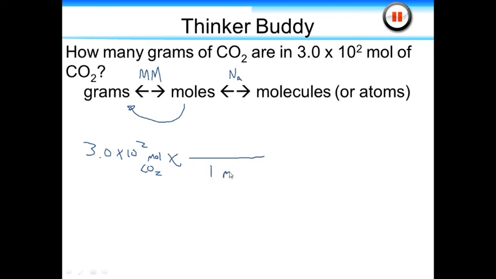We know for every 1 mole of CO2, we have about 44 grams, which we calculated in the previous problem. Moles of CO2 cancel. We're left with grams of CO2 here, and we come up with 1.32 times 10 to the 4th grams of CO2.